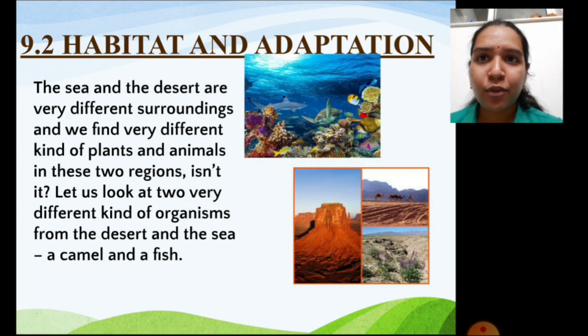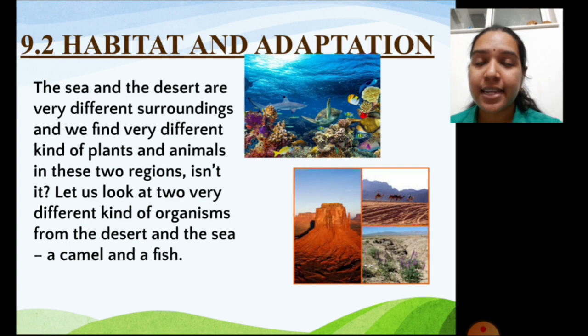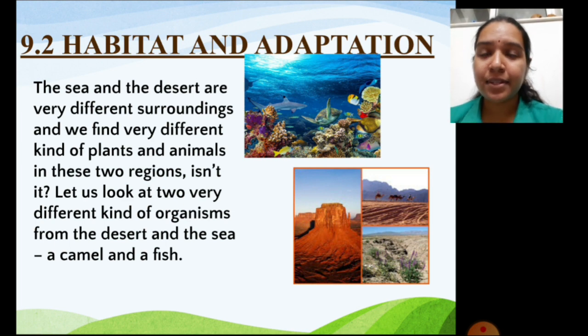If you observe properly, life exists in both the regions, but the living conditions of a sea and a desert are completely different from each other. Even the plants and animals that are found in these two regions are also different.